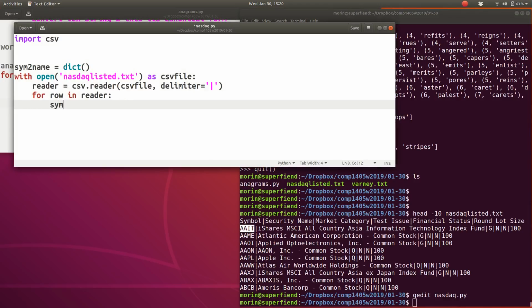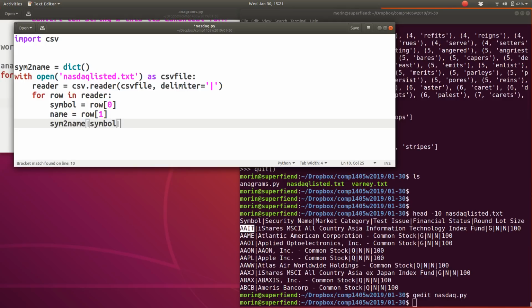So we take our dictionary and let's do this. Maybe we can do it slowly. Symbol is row at 0. Name is row at 1. And so then we'll say in our dictionary what we want is at that symbol, we should store that name.